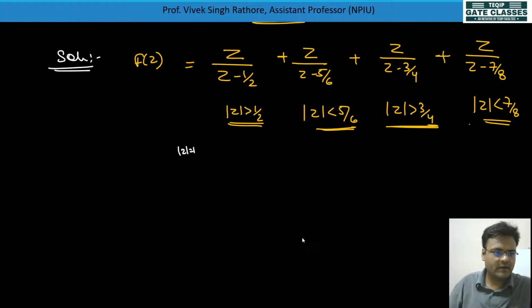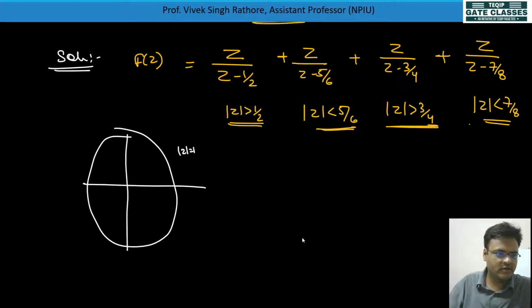So see, let's suppose this is your unit circle. Okay, and your 3 by 4 circle is like this, z equal to 3 by 4, and z equal to 5 by 6 is like this.